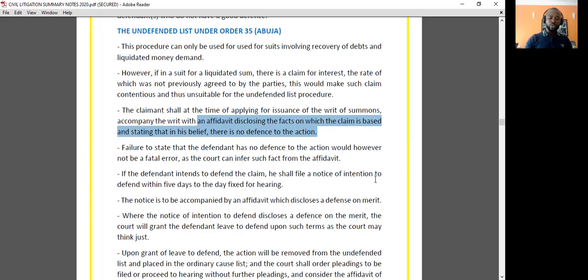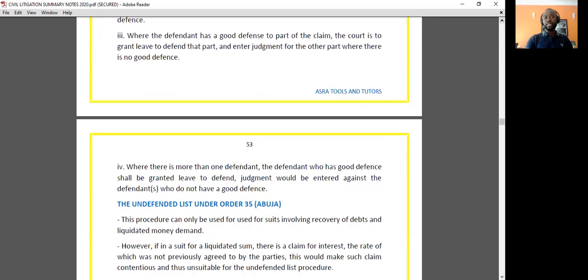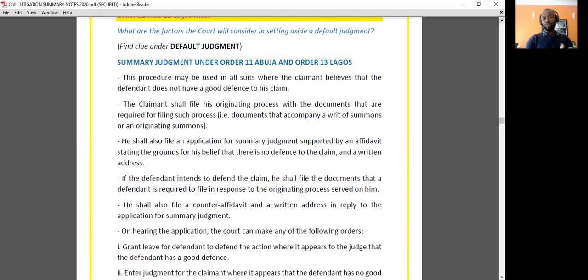Whereas with the summary judgment procedure, along with the writ of summons or originating summons that's been filed by the claimant, he would also file those documents, those processes that ordinarily must accompany the originating process, all right? So accompany the writ of summons or originating summons, as the case may be, all right? So those are certain key differences between the summary judgment procedure and the undefended list procedure.